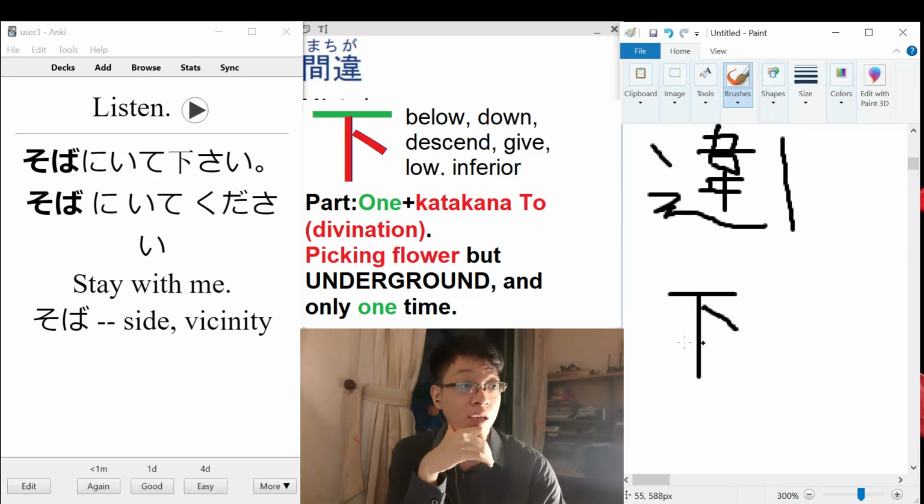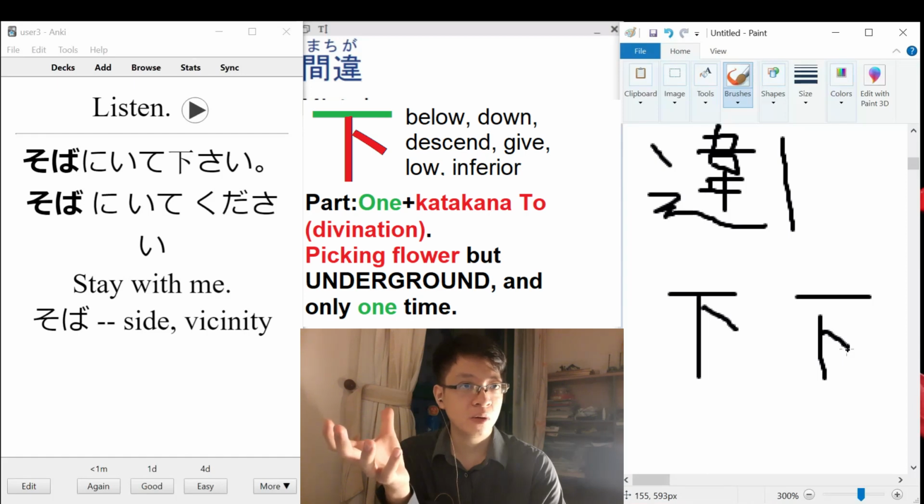No, we have the part that means number one, and the part that means divination or a katakana to. So you could just think of it that someone picking flower. Yeah. So picking flower but underground and like only one time, and somehow that means down under.